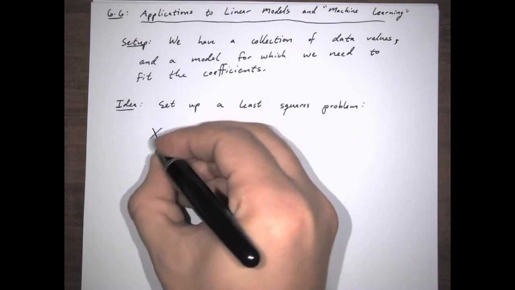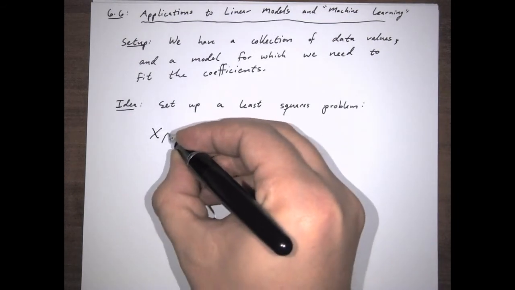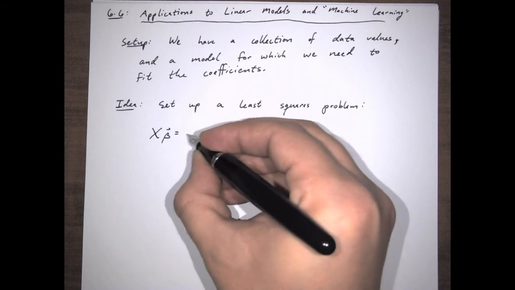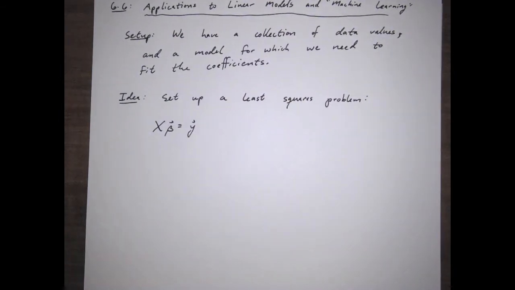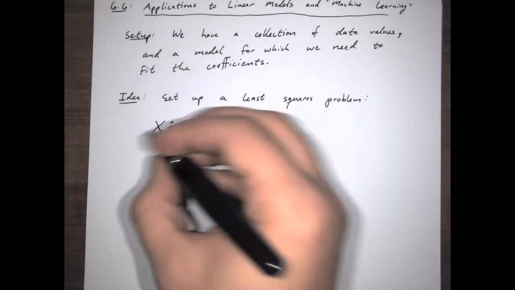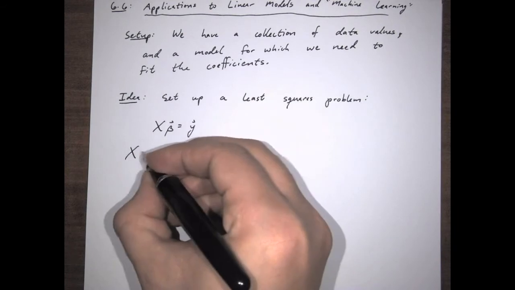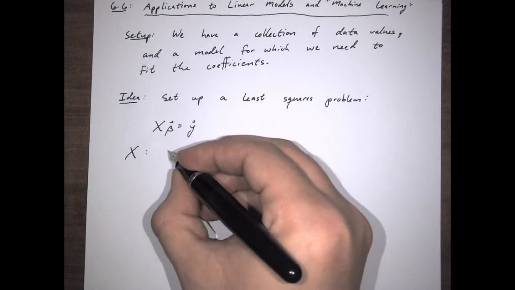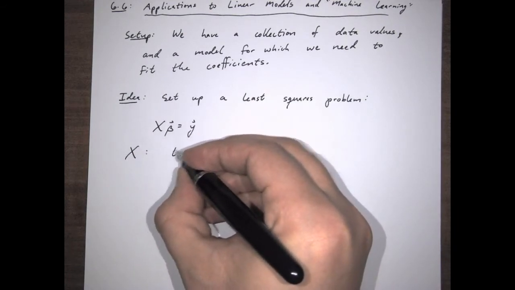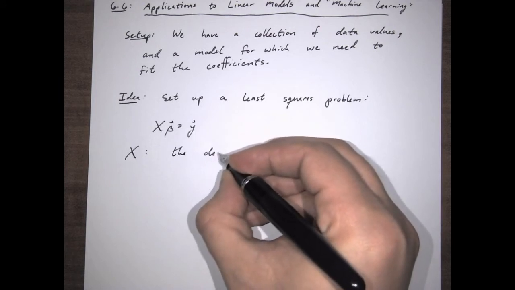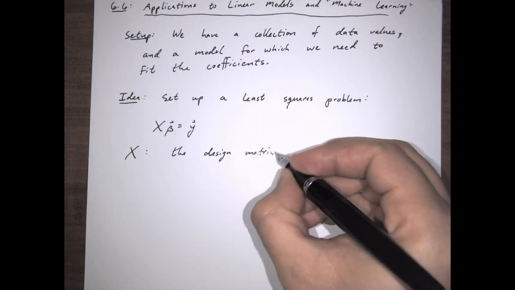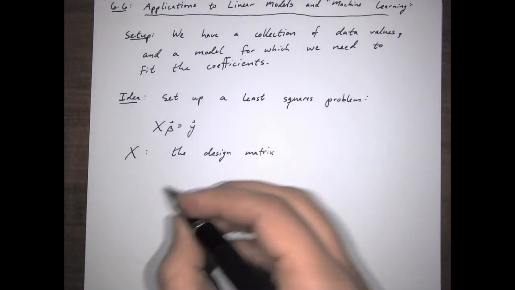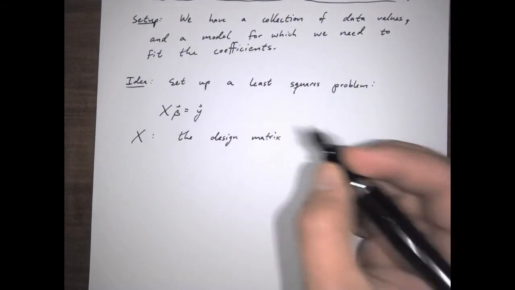And the format of this will be capital X times beta is equal to y. So the y here is a vector. We have capital X and we have beta, where X is called the design matrix, which we'll discuss how to set up in a second.